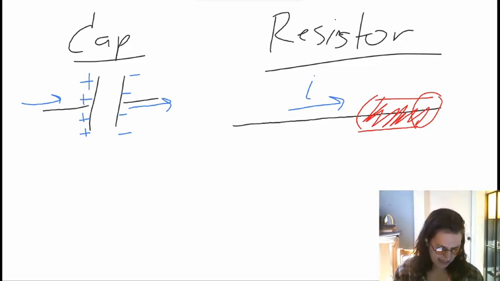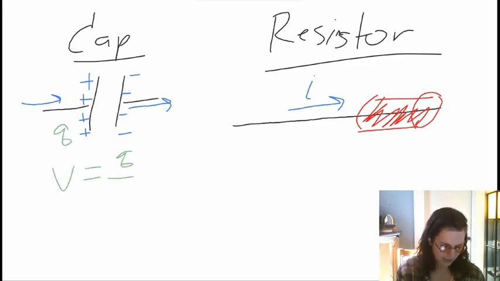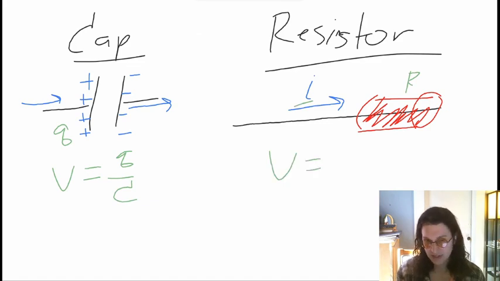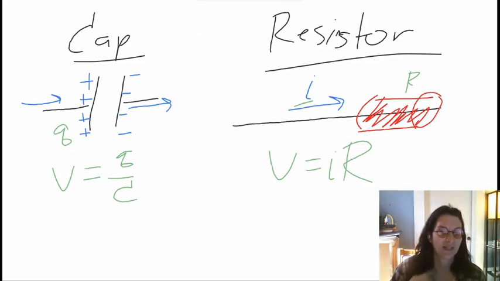And just as we had over here, charge that builds up and a voltage that corresponds to the charge over the capacitor, here we have a current that's flowing, and we have a resistance to the resistor, and the voltage involved with the resistor is equal to I, the size of the current, times the resistance. So in this case, as your resistance goes up, your current goes down. Whereas in this case, when our capacitance went up, our charge went up as well.